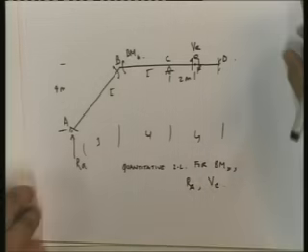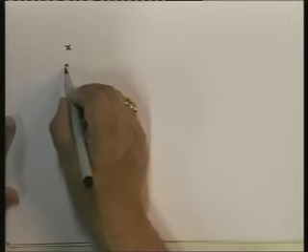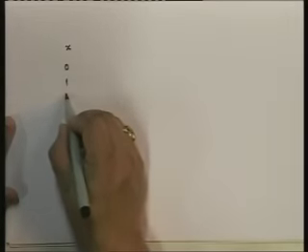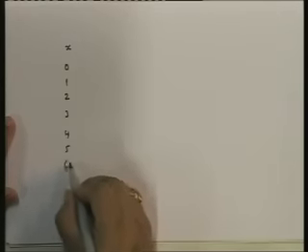I've already done this. I will give you the answers for your computation. If you look at it, this is x: 0, 1, 2, 3, 4, 5, 6 minus, 6 plus, 7, 8.